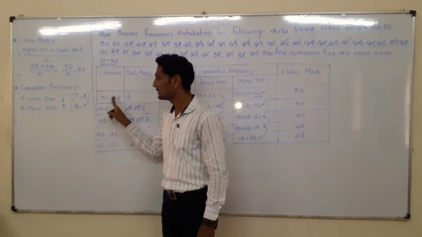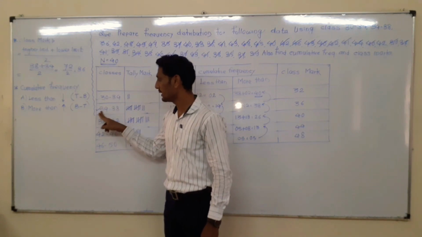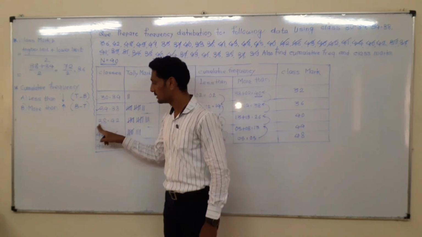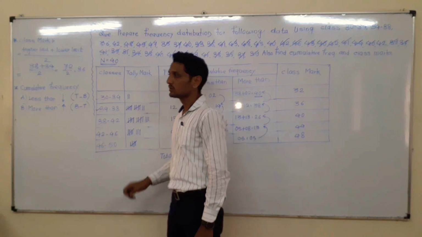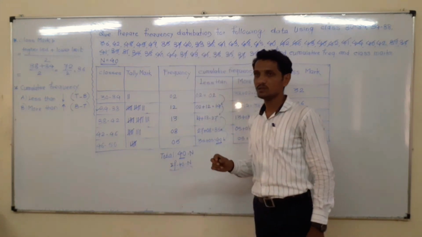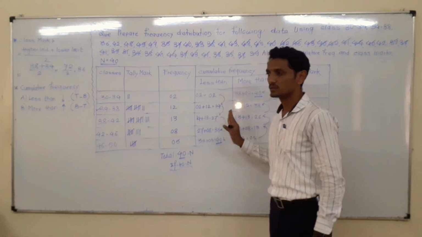So 30 to 35. Next will be 35 to 40, then 40 to 45 like that. So depending upon the question we have to solve the given sum.